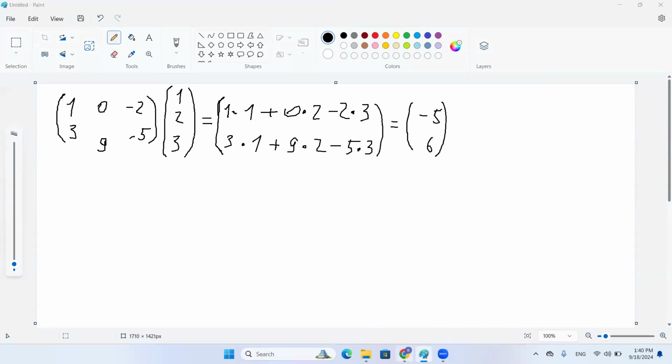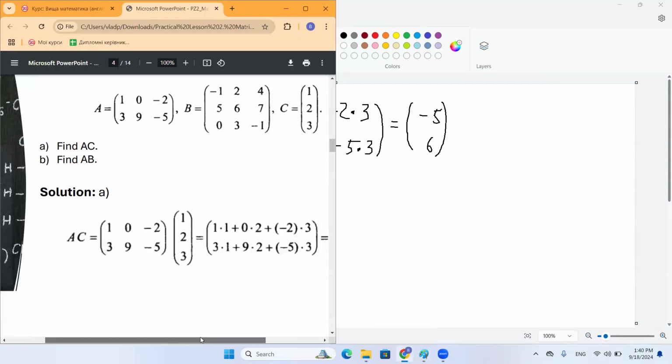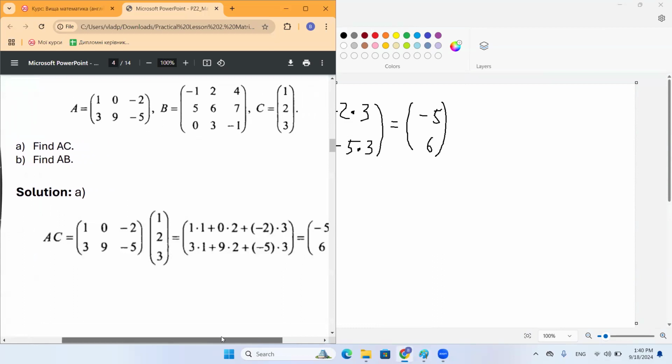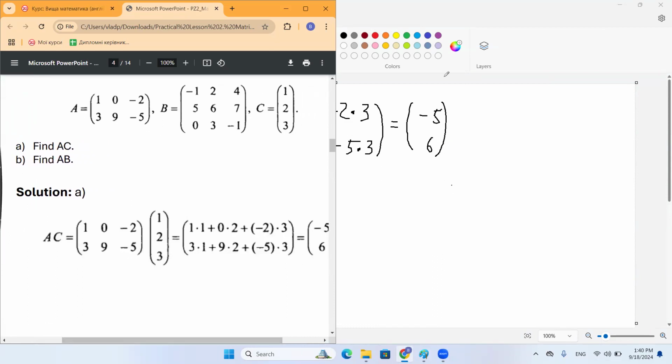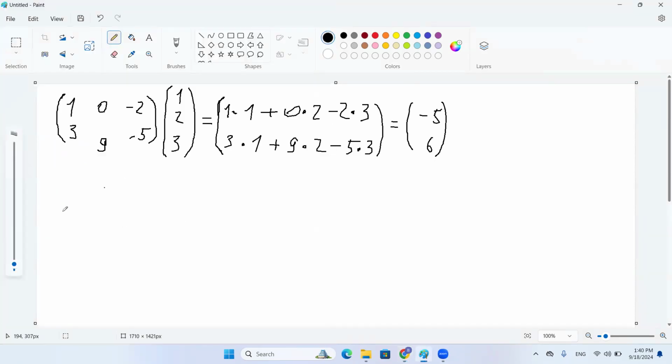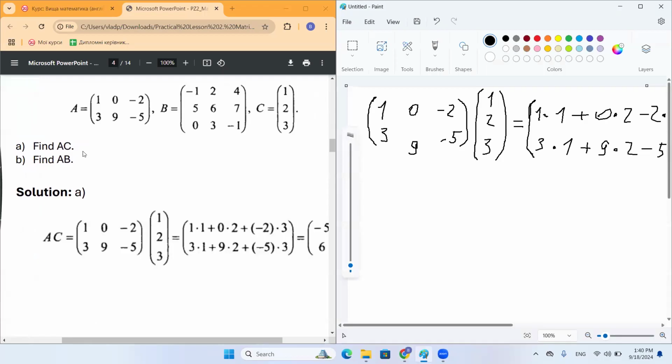Okay, let's calculate A by B as well, because we have enough time for that. And by the way, what will be the dimension of the composition of A and B? Two by three.